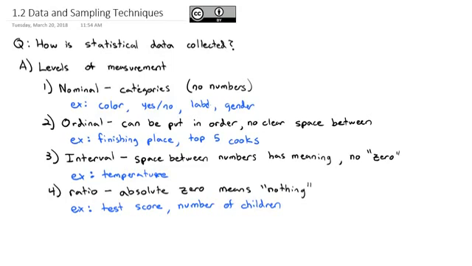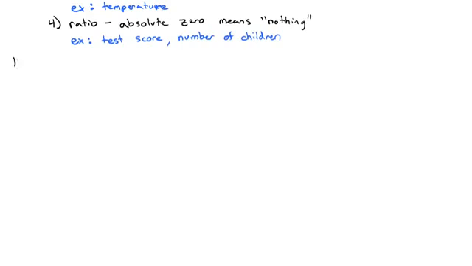Now, these different levels of measurement can show up in different types of data. Let's scroll up. It's very important we understand the two different types of data, and the second one can actually be broken up into two subgroups. The first type of data is what is called qualitative.